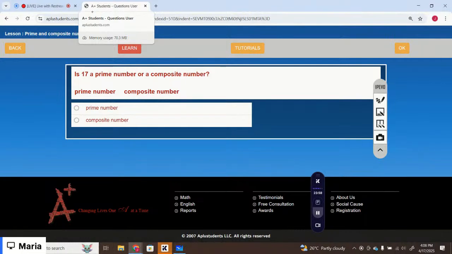Is 17 a prime number or a composite number? 17 is a prime number because 17 has factors 1 and 17. Option number 1 is the correct option.